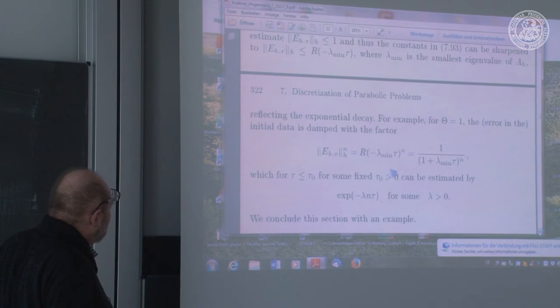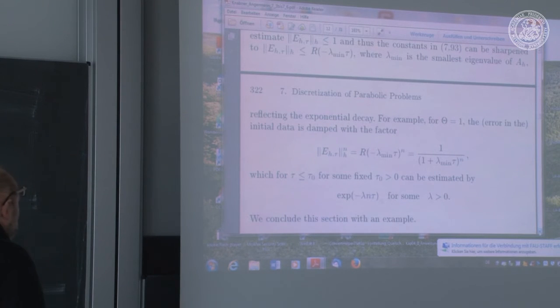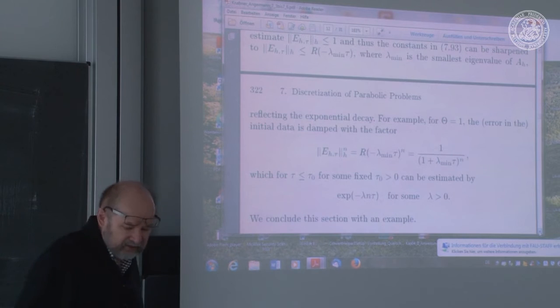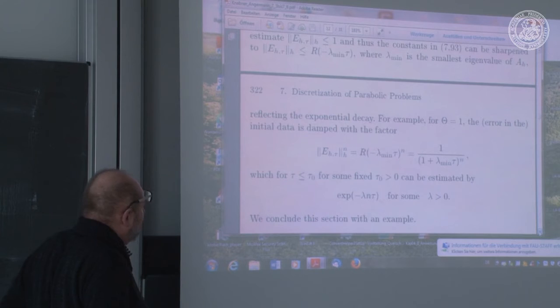So now it becomes of importance, and you see here a little bit of a problem, the minimal eigenvalue. We can do this also for the Crank-Nicolson method, but here it's only written up for the implicit Euler method to make it simple.